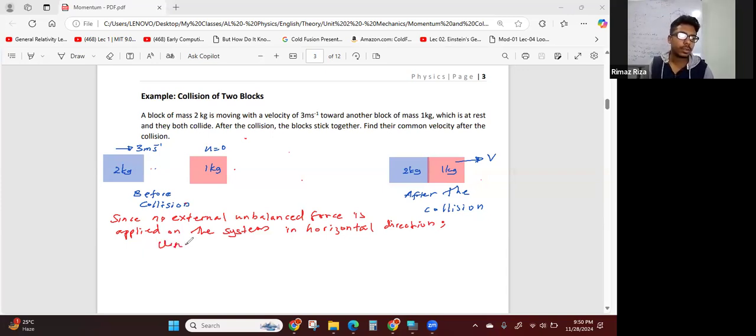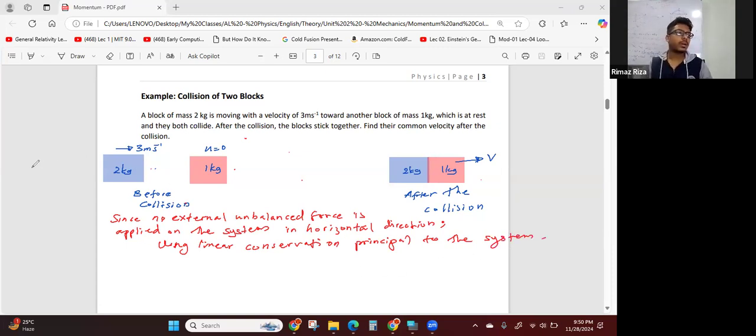So using the linear momentum conservation principle, we are applying it to the system.